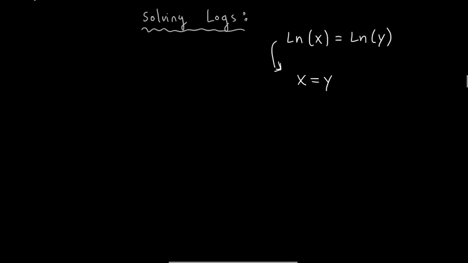So with that in mind, we are going to solve this equation, the natural log of x minus 3 plus the natural log of 2x plus 1 equals 2 times the natural log of x.